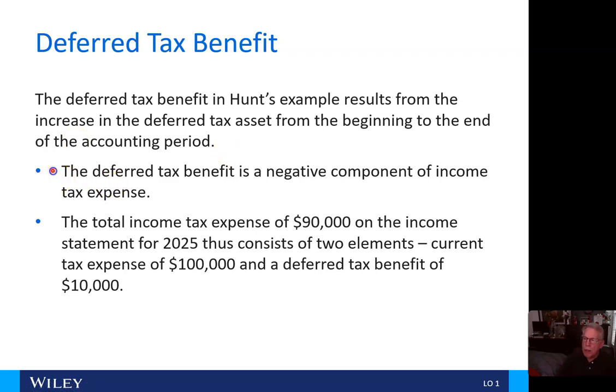So, 1, the deferred tax benefit is a negative component of income tax expense. And 2, the total income tax expense of $90,000 on the income statement for 2025 thus consists of 2 elements, the current tax expense of $100,000 and a deferred tax benefit of $10,000.